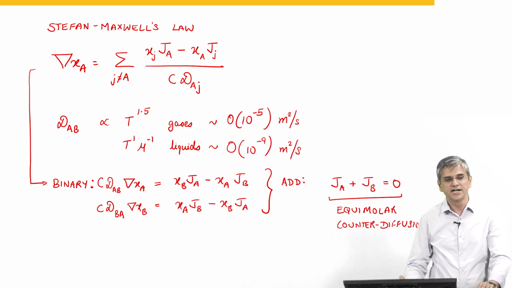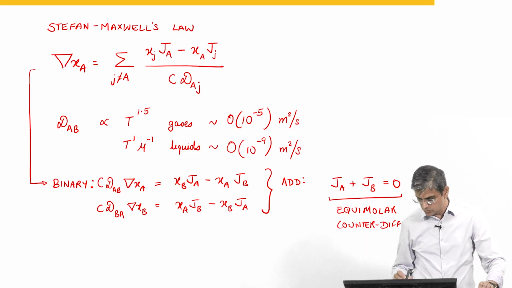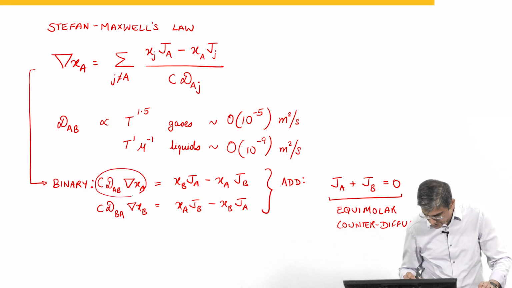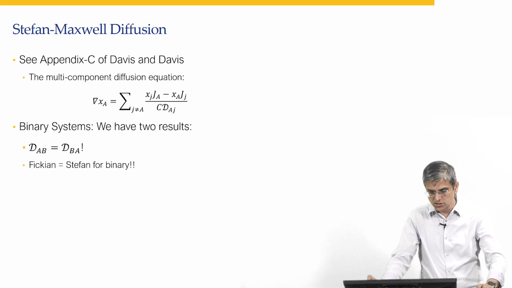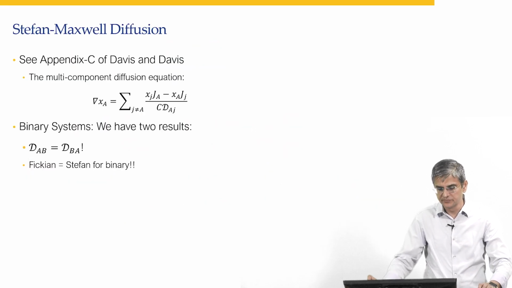And if it is binary, this particular term is essentially minus JA. So what can we use from all of this?